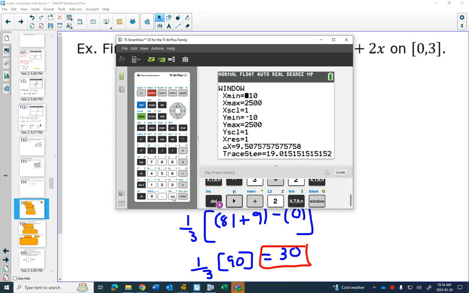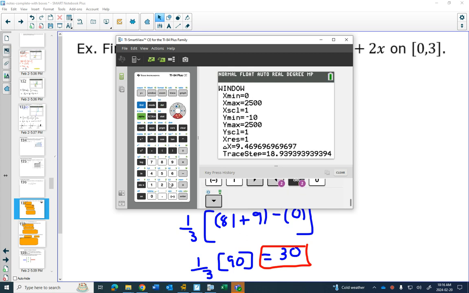We're going to set our window. I'll go right from 0 to 3.